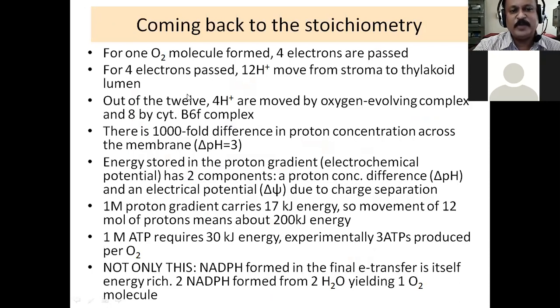Then this stoichiometry, I think we have already studied, so I won't waste any time in just reading this. We have already also seen that 1 mole ATP requires about, say, 30 to 50 kilojoules of energy. But in this particular photosynthetic pathway, we are getting about 200 kilojoules of energy, which is much, much sufficient.